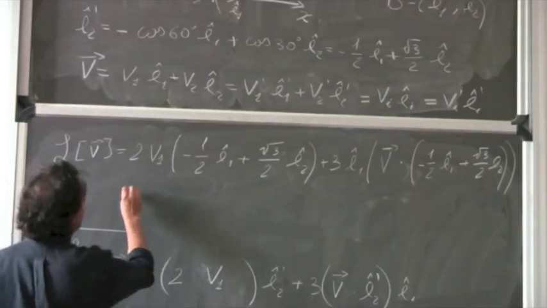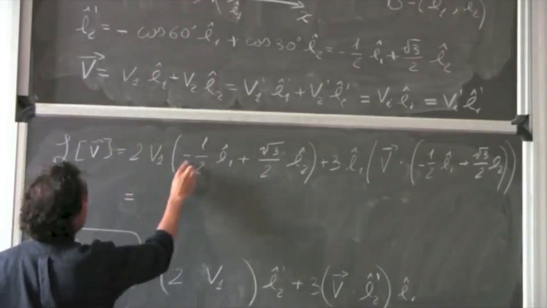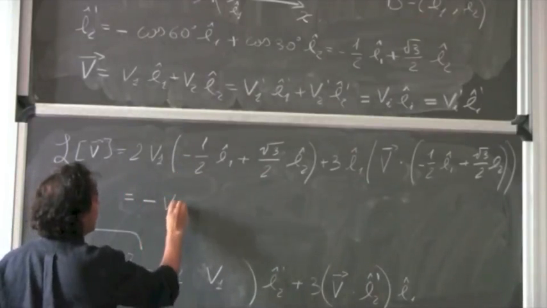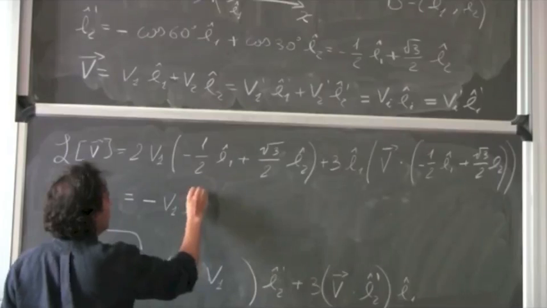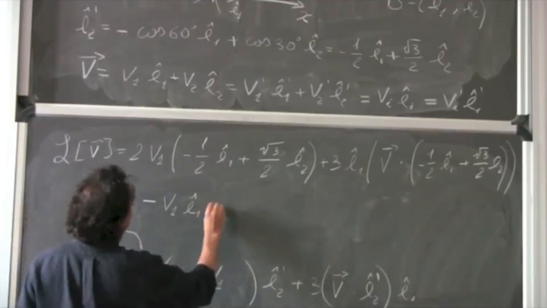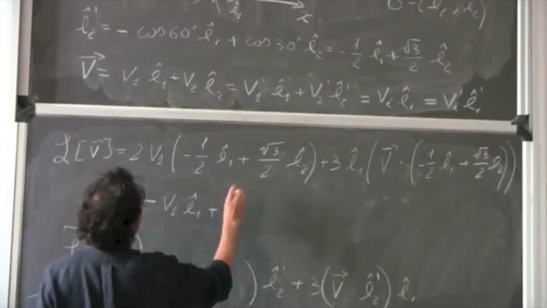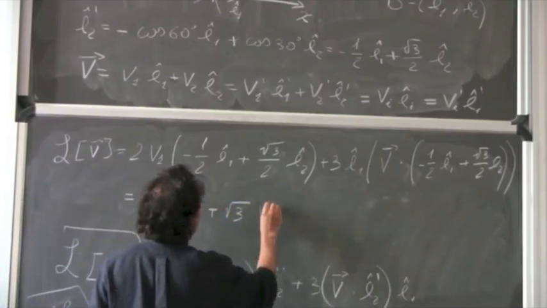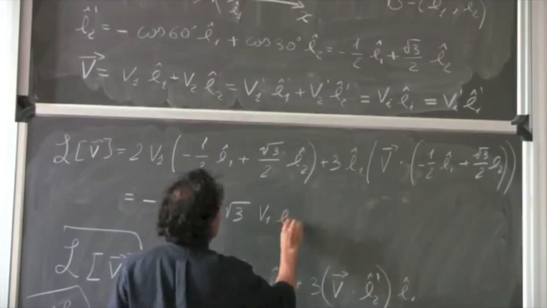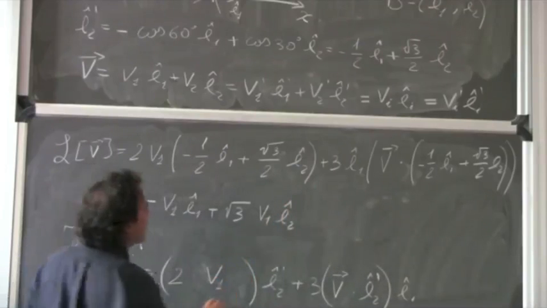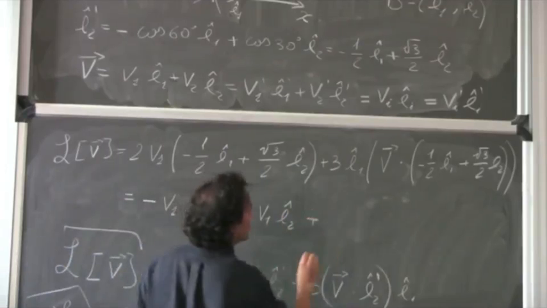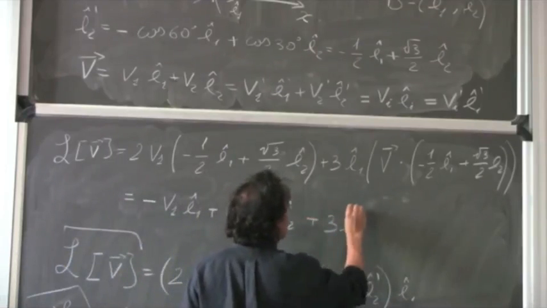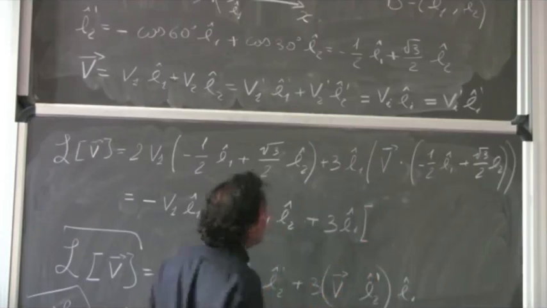So you can say that this is equal to minus V1 E1 plus square root of 3 V1 E2 plus 3 E1 multiplied.